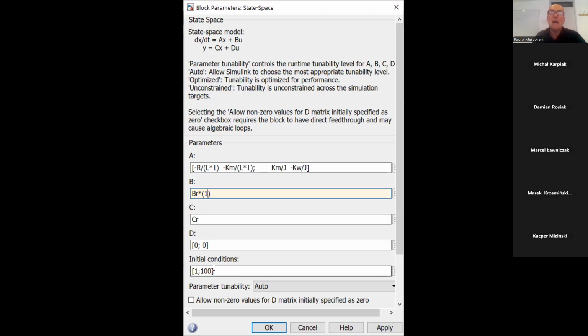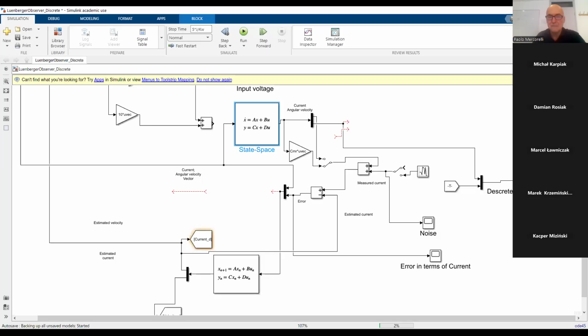But look, you have two initial conditions which are not 0. 1 ampere as the current, which is the equivalent current corresponding to a magnetic field inside. And 100 is clear, the velocity. Instead of 0 it is 100, I think in radians per second. Now, let me simulate, and to show you, I hope that this works. Let me run.